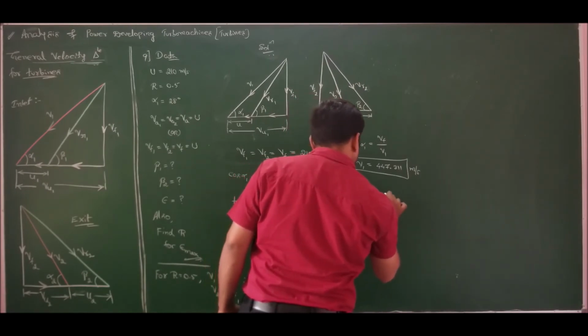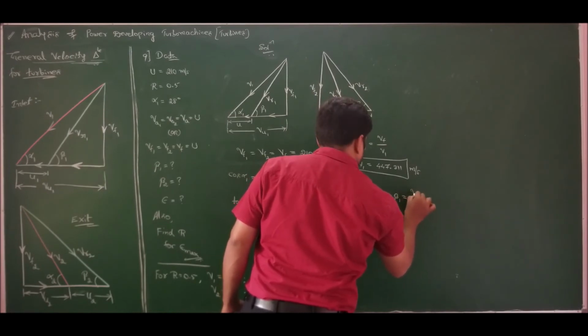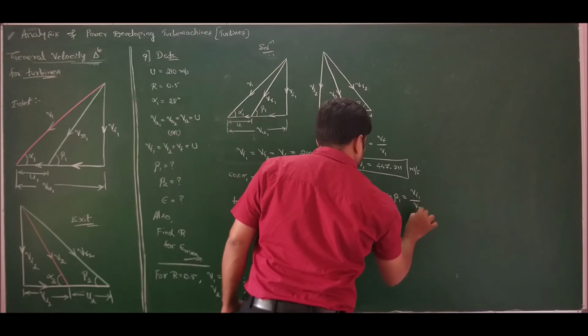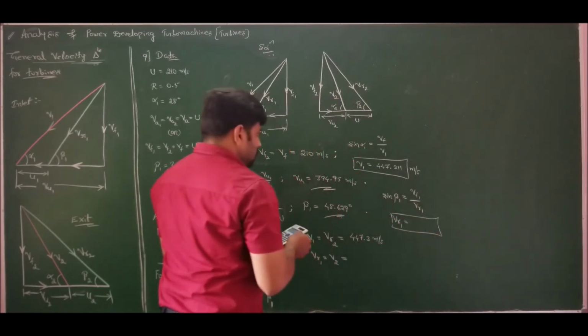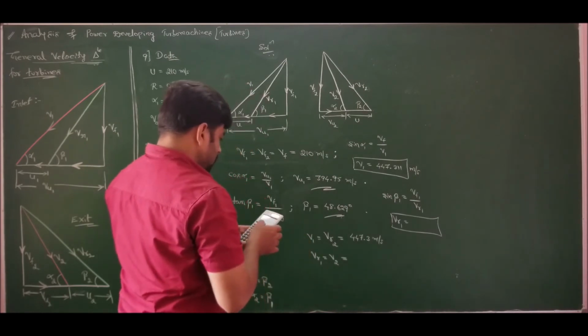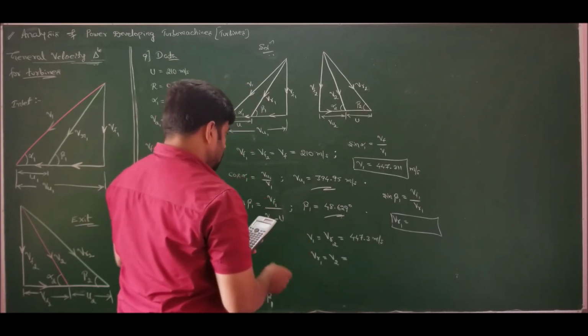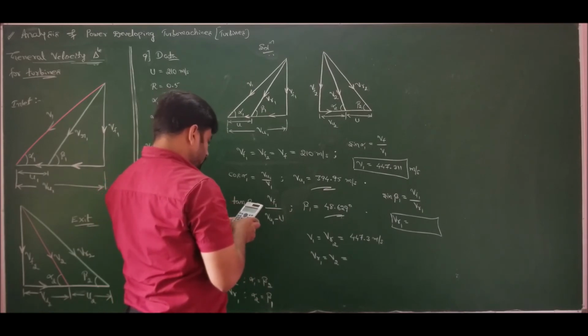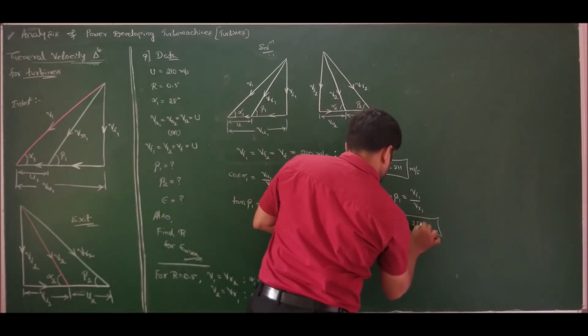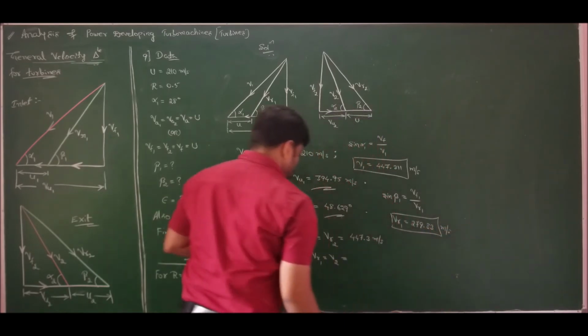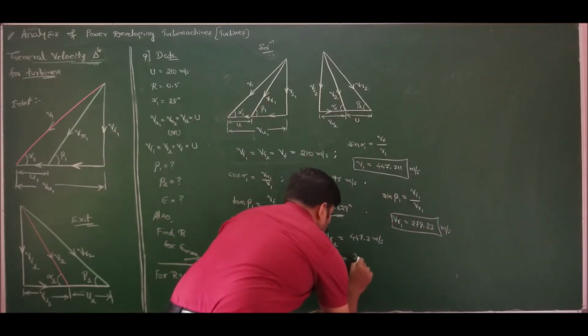Sin beta 1 gives Vf1 by VR1, hence I can find the value of VR1. Vf1 is 210 divided by sin of beta 1, 48.629 degrees. VR1 is 279.83 meters per second.